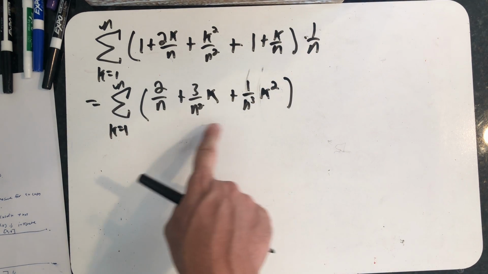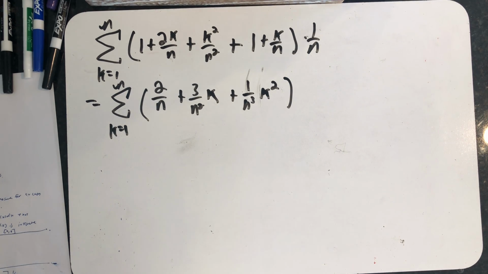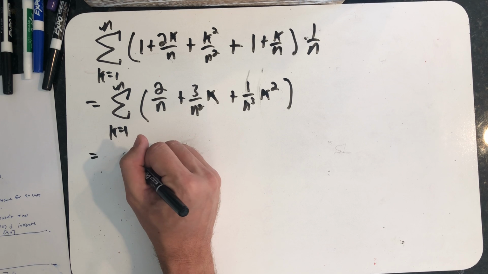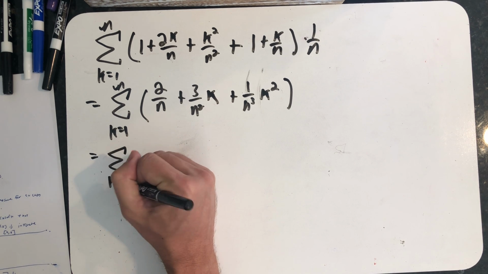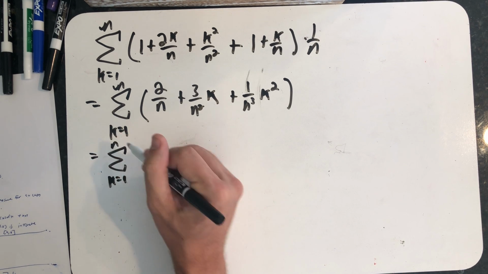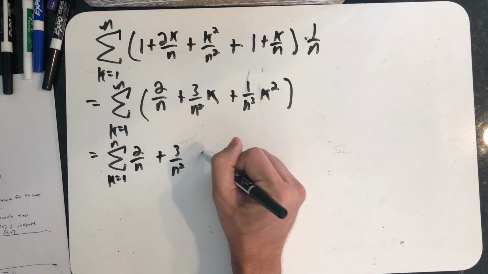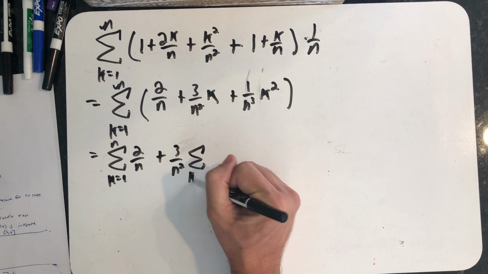And so now I know what I need to do. I need to rewrite this as 3 separate sums and try to use my sum rules. And I'm going to go on and pull out constants as I do this.